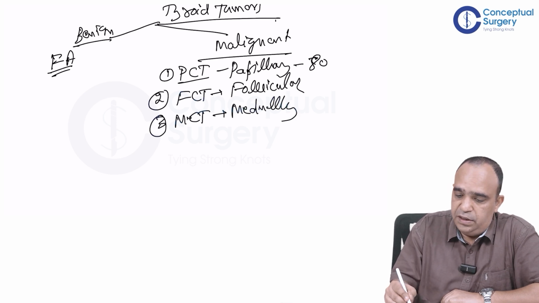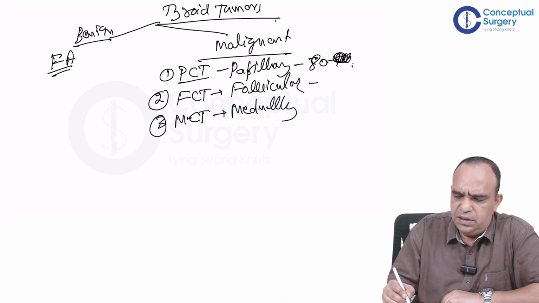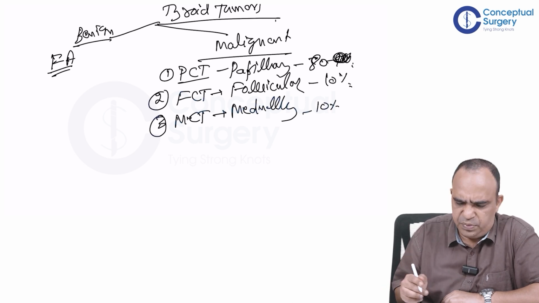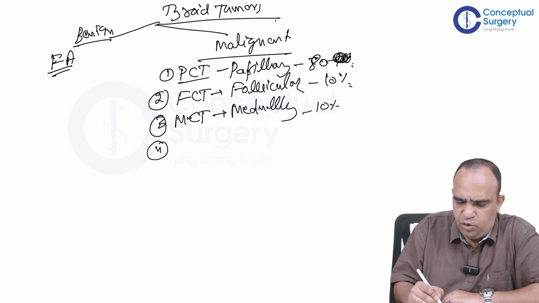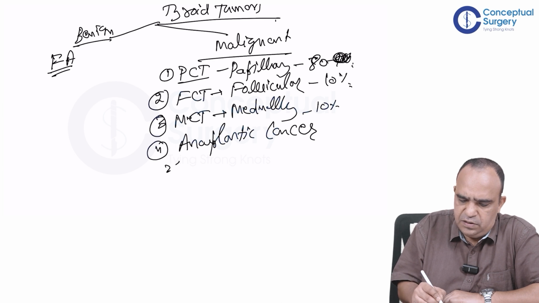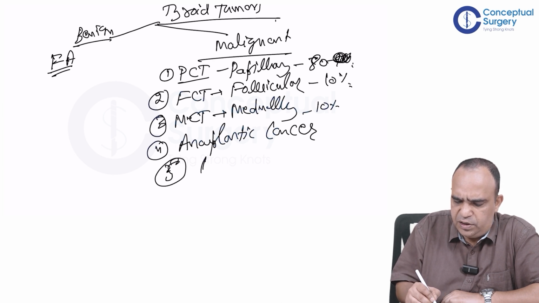Basically 80 to 90% is this, 80% roughly you can say. This is 10%. Rest you can keep it in 1%. Then you have anaplastic cancer, and last the least important is thyroid lymphoma.